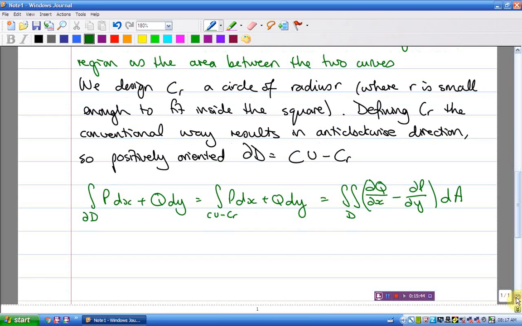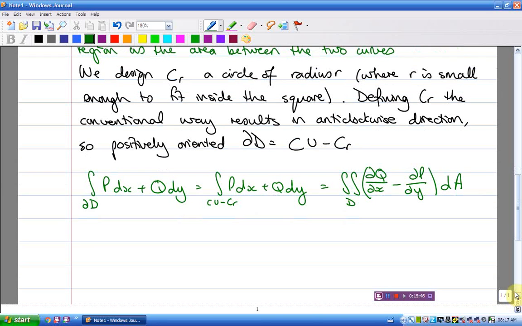Okay, so let's work out dQ by dx and dP by dy. Q is x over x squared plus y squared. So dQ by dx is going to use the quotient rule. We differentiate with respect to x, remember, so y is just a funny looking constant as far as x is concerned.